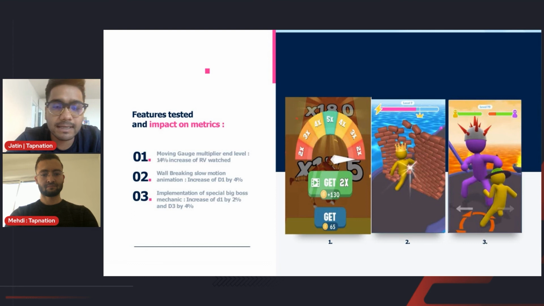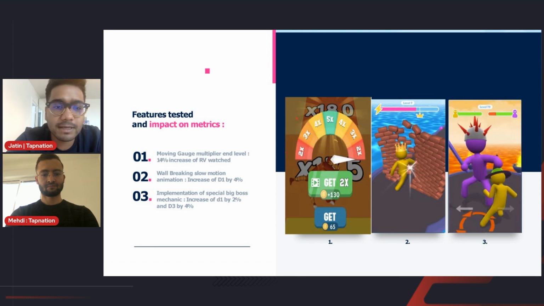Basically, if the player has earned, let's say, 130 coins while playing the game, they can watch the rewarded ad, and they can double these coins, so they can have 260 coins and not 130. And we saw it brought us a 14% increase in rewarded video watched. Players really wanted to double their coins, so it was something really interesting for us.